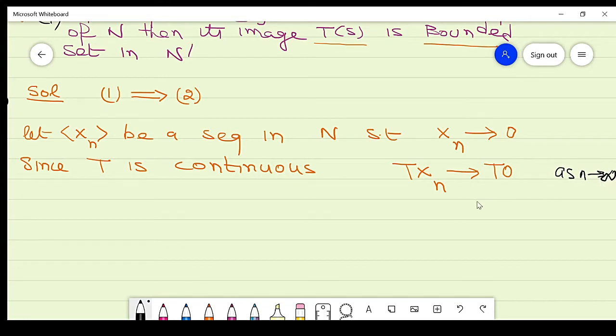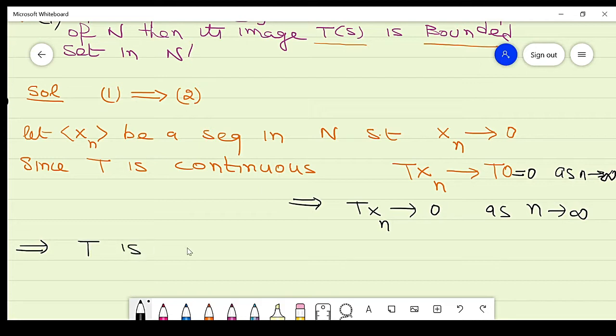Since T is a linear operator, T of 0 is 0. It implies Txn approaches 0 as n approaches infinity. So it proves our first result, T is continuous at the origin, or 0.